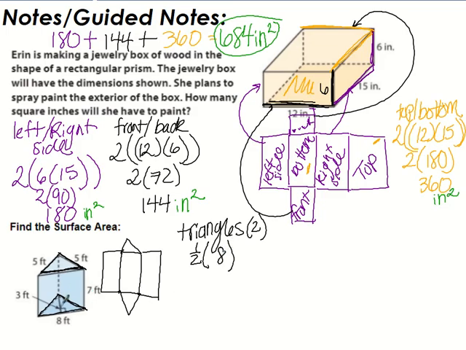And then the height of the triangle, this is the height of the triangle right here. See how it shows us for it? And it's 3. So 8 times 3 is 24. And then we're going to take half of that. We're going to get 12. But we have 2 of them. So let's times it by 2, and we actually get 24 back. And this is feet squared. I'm multiplying by 2 again right here because I have 2 triangles.